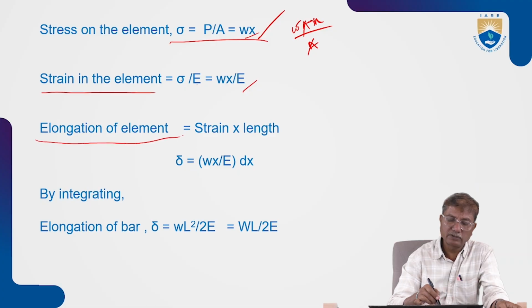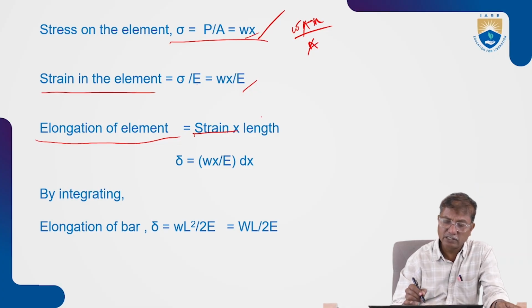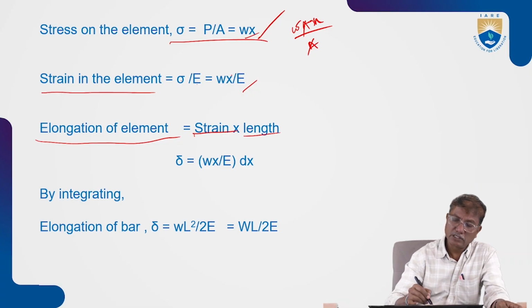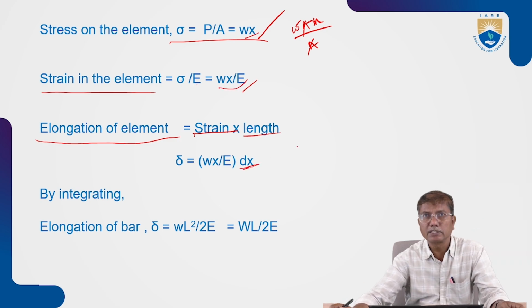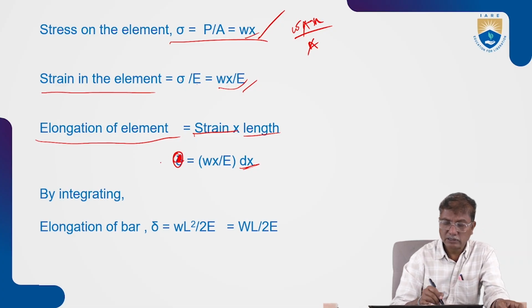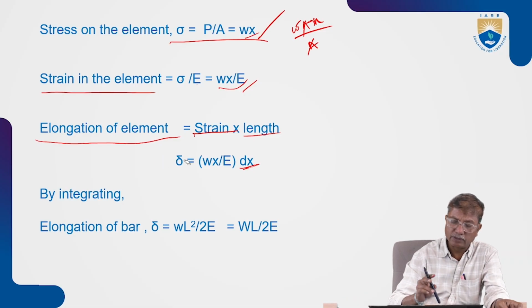And elongation of the element means the strip of length dx. Strain into length, strain is Wx by E into length of element is dx. Okay, is it? So this is not delta, the elementary dl you call it, or elongation of strip.